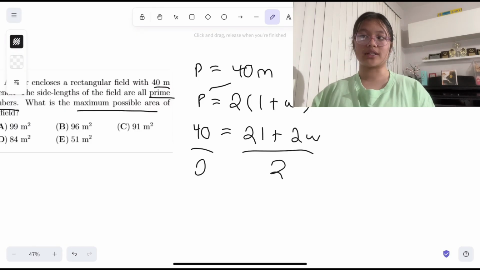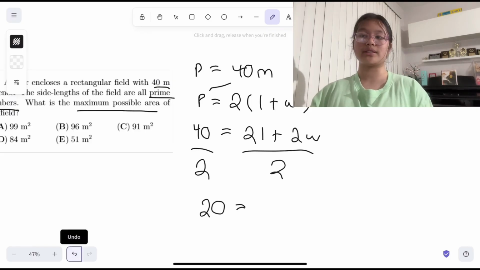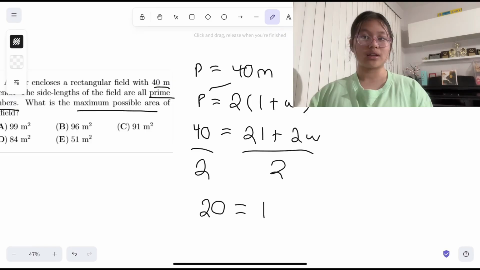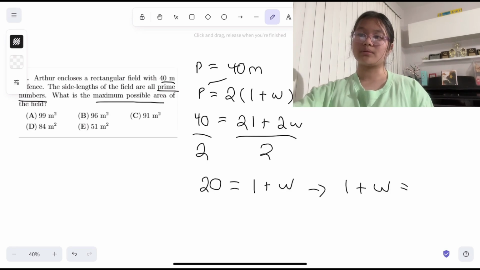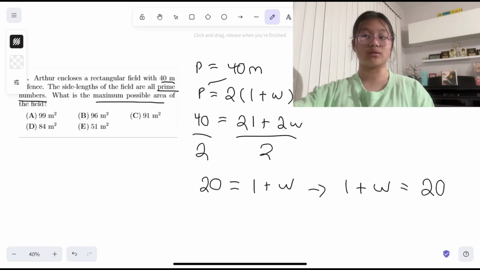And that can simplify to 2 length plus 2 width, and then we can divide by 2 to get the variables by itself. So 20 equals length plus width. Okay. And then to make it easier on ourselves, we can put the variables on the left side and then put the number on the right side. So now this becomes length plus width equals 20. They're both the same, by the way.